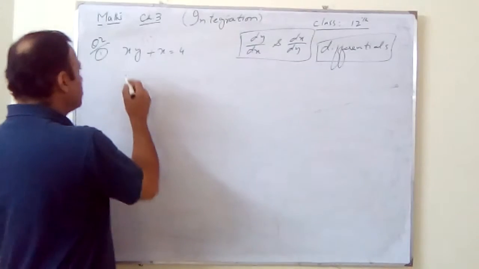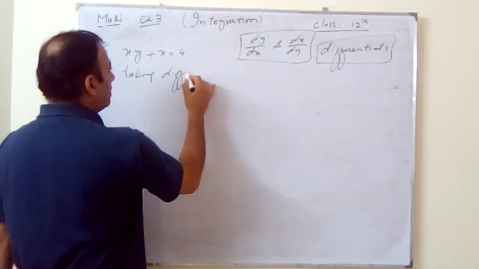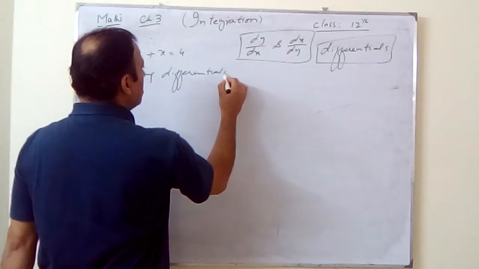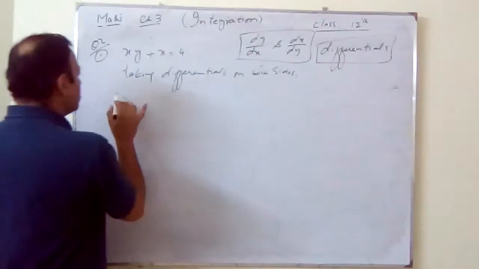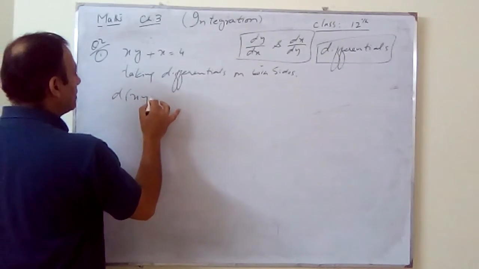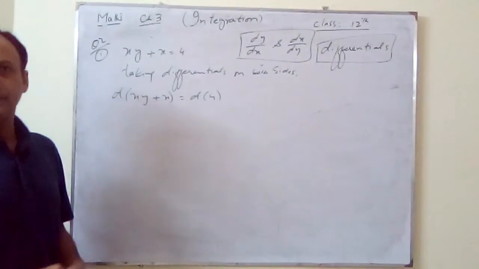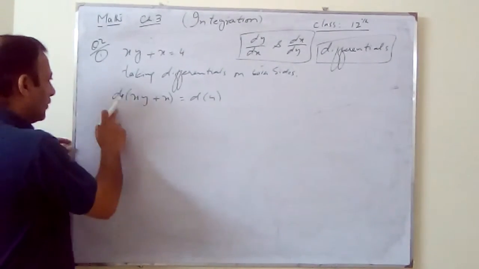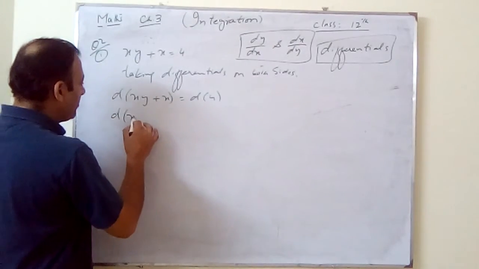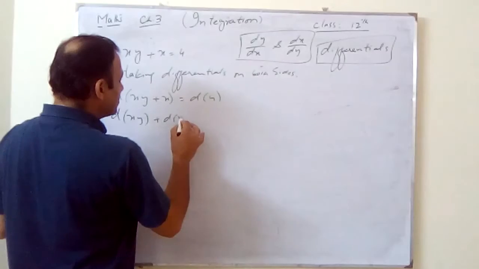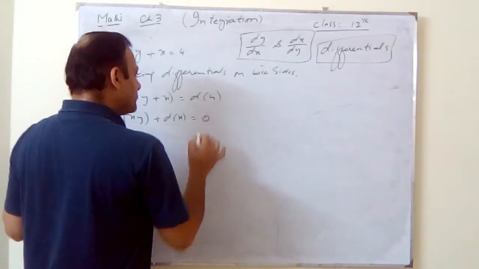When we take the differential on both sides, we get, just like the formula of derivative, d of xy plus d of x equals d of 4, and the derivative of 4 is 0.